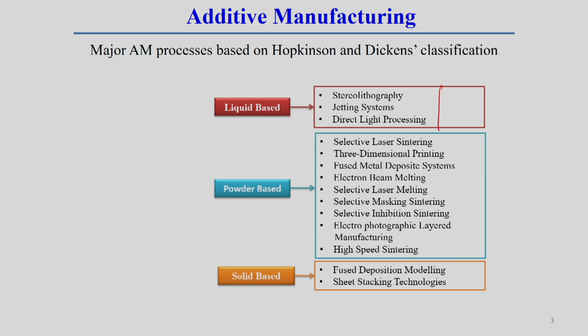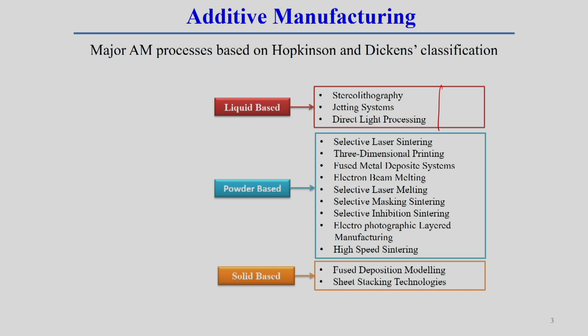In principle, we use some kind of photopolymer which is sensitive to laser light, or maybe sensitive to ultraviolet rays. When we want the desired product and high precision is required, we move the photopolymer according to the desired path. Along this path, only that part of the polymer will be cured and become hard, and it creates the object according to the desired shape.